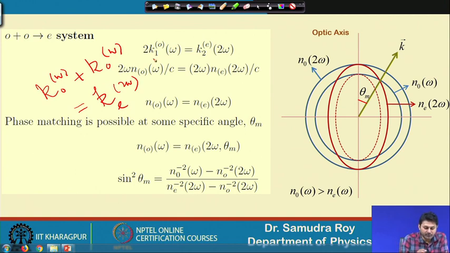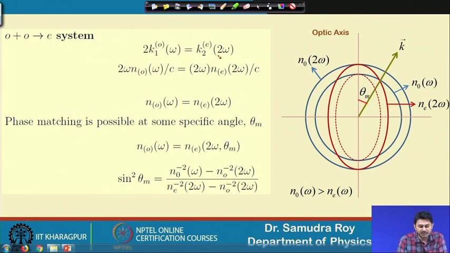So, 2 of k 1, where k 1 means ordinary and k 2 is extraordinary, written as O and E, and here the frequency is 2 omega, and omega for k 1. That is why I write k 1 and k 2 here. If I use this expression and convert it in terms of refractive index, k 1 is omega divided by c times n of omega, the n of the ordinary wave with omega frequency.